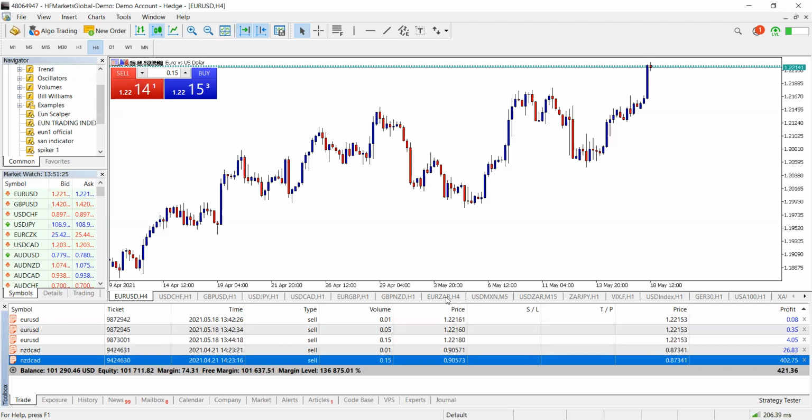So lot sizes, in short, can work hand in hand with time, but they work hand in hand with balance. Because if you have a small balance, then you can't use big lot sizes.